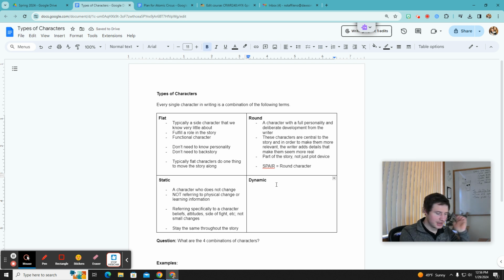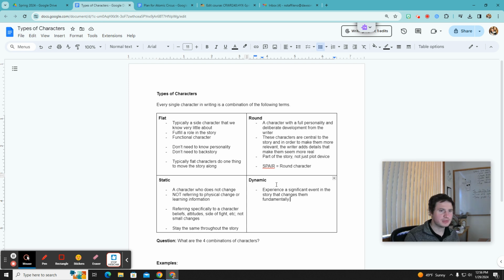Dynamic characters, and I'm going to move quickly through this one because I feel like you kind of have to talk about them together. Dynamic characters are characters that experience a significant event in the story that changes them fundamentally. Again, we're not talking about learning new information about the character. We're not talking about a physical change in the character.